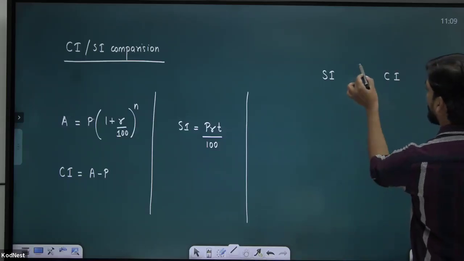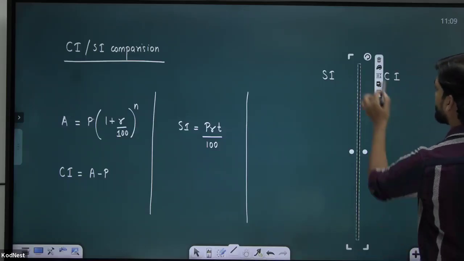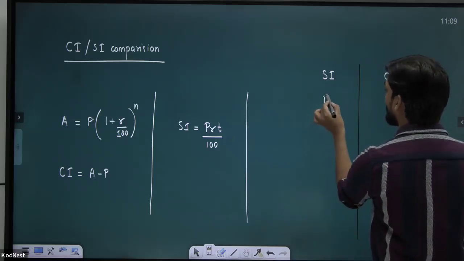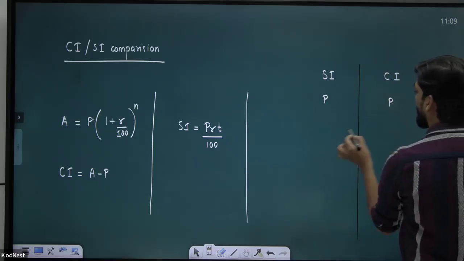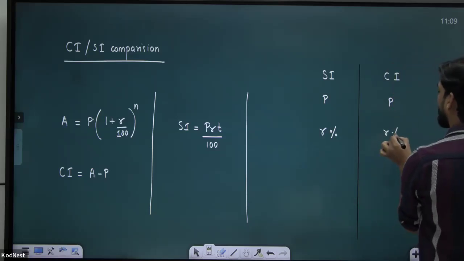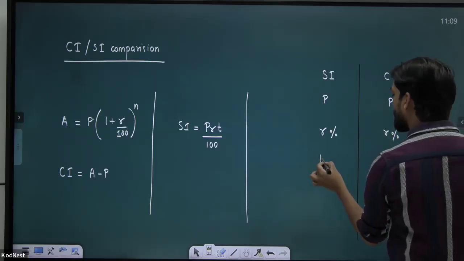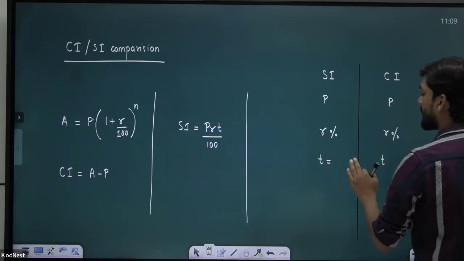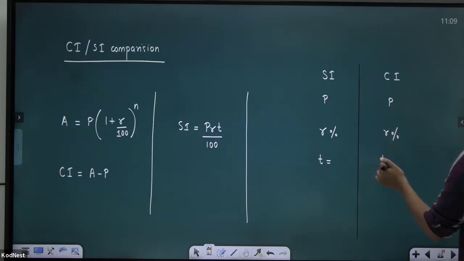Same conditions, what it means, understand please. I should take the same principal. I should take the same rate of interest. And I should take the same time period. Whatever it is, 2 years, 3 years, 4 years, time should be same. Then only you should compare.